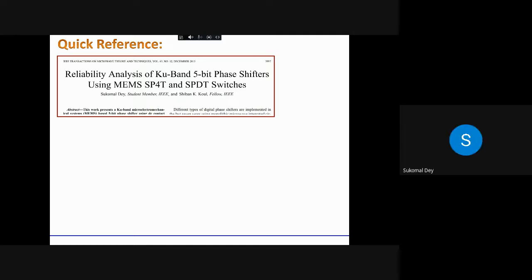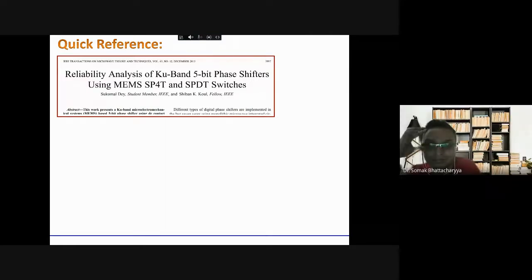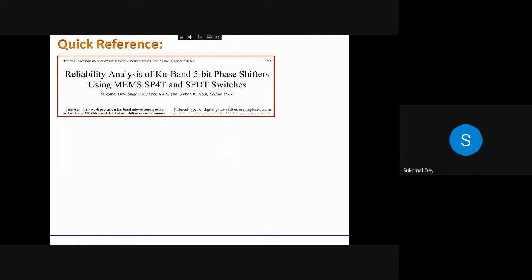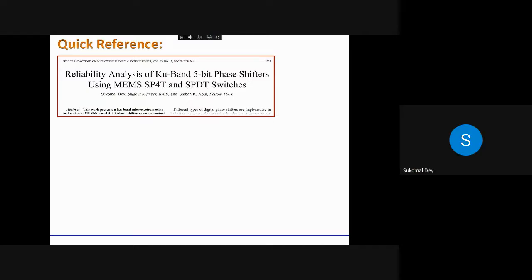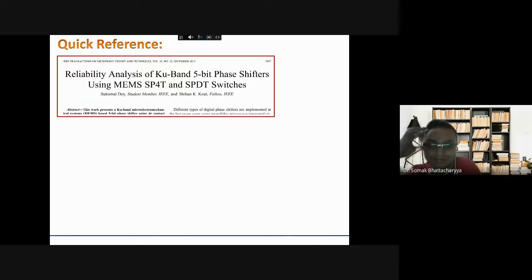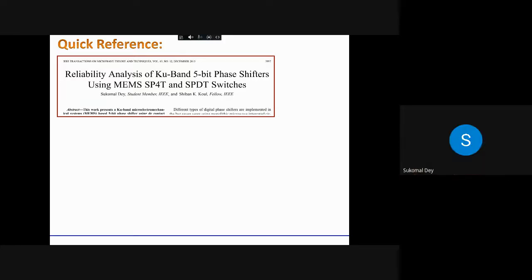No. You cannot check the power handling capability using a VNA. You have to use a traveling wave amplifier. Or if somebody has a very good power amplifier that can produce 5 watts or 2 to 3 watts of power, because 1 watt or 2 watt power amplifiers are available in the market, you can buy it and check it.